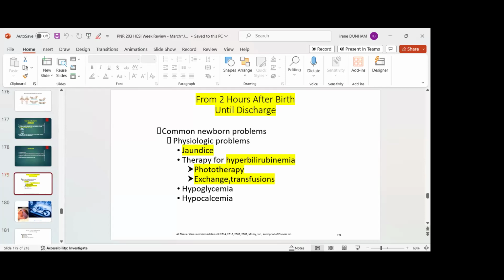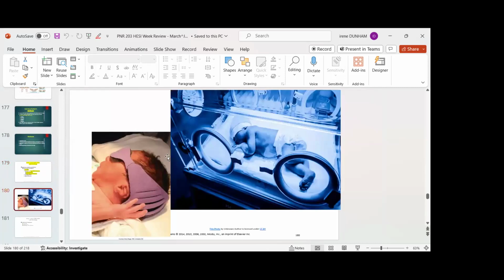They're both bad. Pathological is the worst, of course, because there's something wrong with the baby's liver. Hyperbilirubinemia can lead to hypoglycemia and also hypocalcemia.